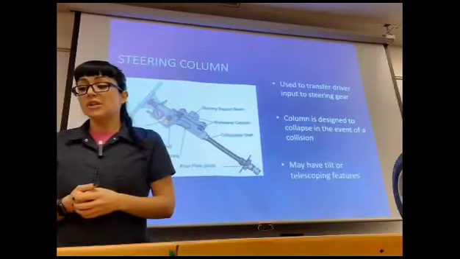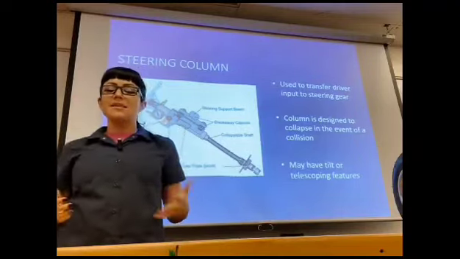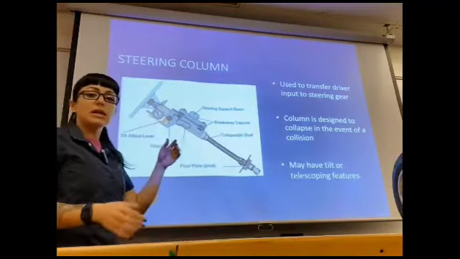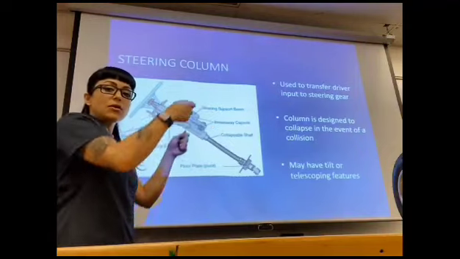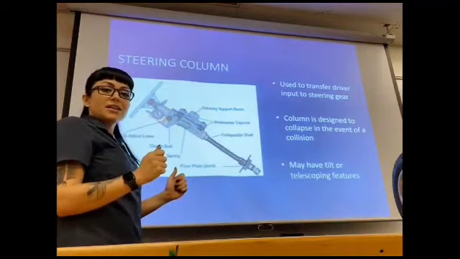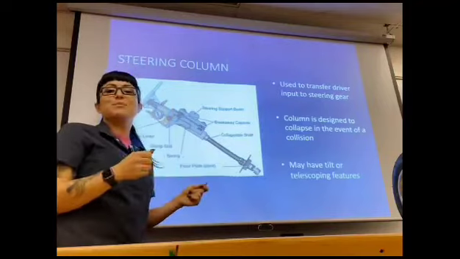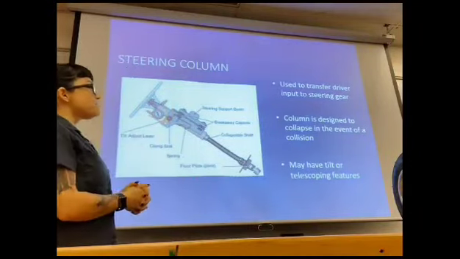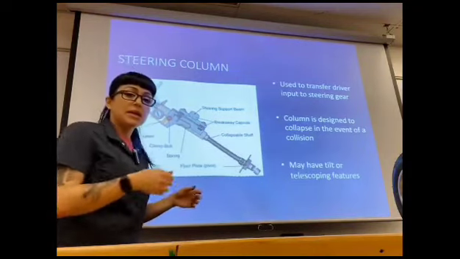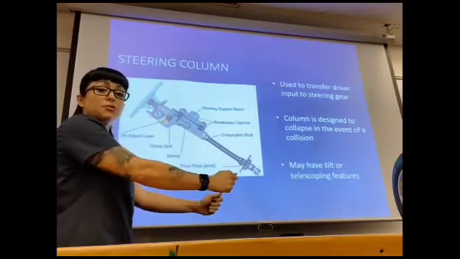Now, most new steering columns, even baseline ones, have tilt wheel. Older steering columns may not have tilt wheel, meaning you have adjustment to change the angle of your steering wheel. If you want to drive like a bus driver, or if you want the steering wheel as far down as possible. I'm a short person, so in all the vehicles I drive, the steering wheel is pretty much as far down as possible. But really fancy columns may have a telescoping feature, meaning you can actually change the steering wheel depth to get it closer to you or further away.